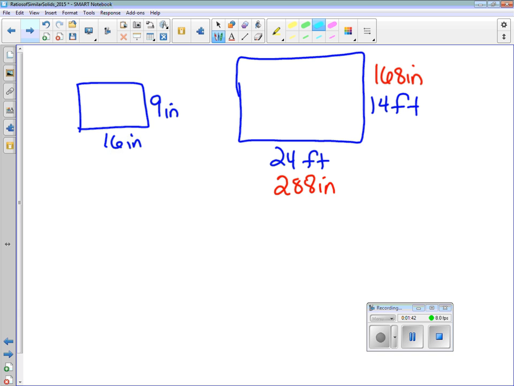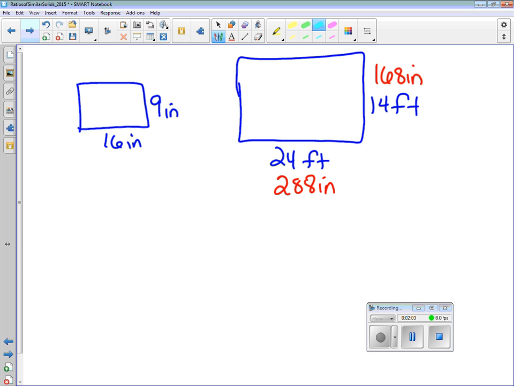Divide, sure. So if I take 288 and I divide by 16, oh, I do get 18. I get an actual exact answer. So hopefully that'll work with 9. So 168 divided by 9, not exactly. So some of the wall will still be showing, right?